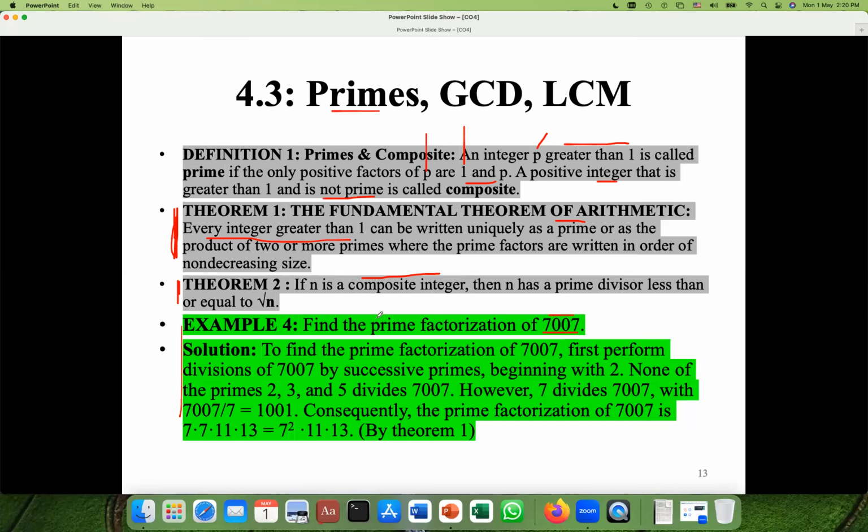So if n is a composite integer, then n has some prime divisor. That divisor would be prime, and there is a condition: it would be less than or equal to the square root of n.